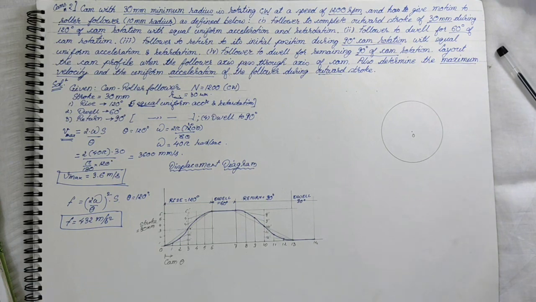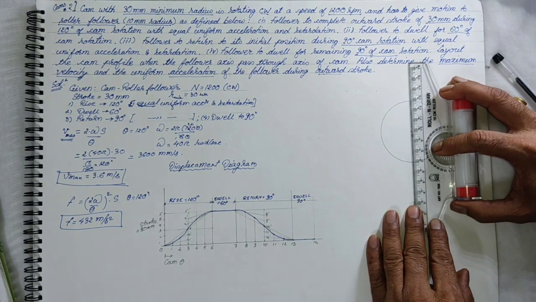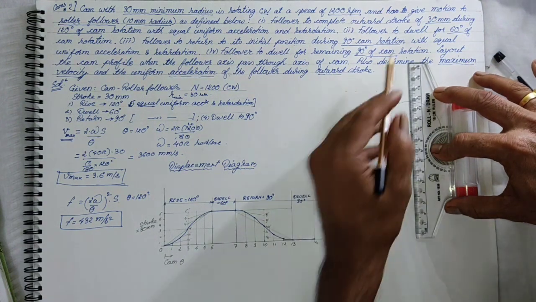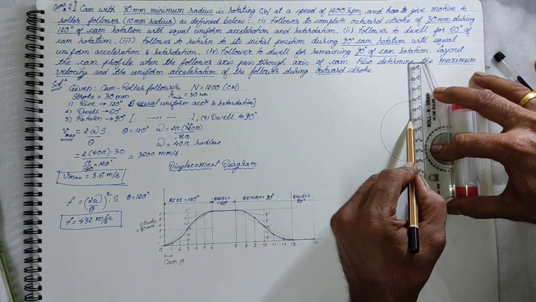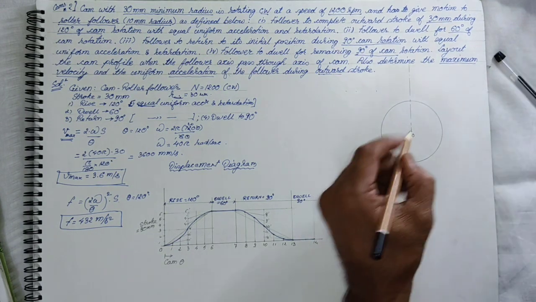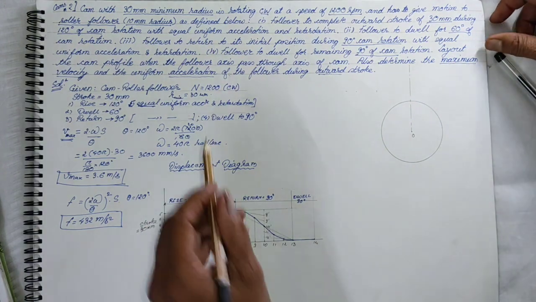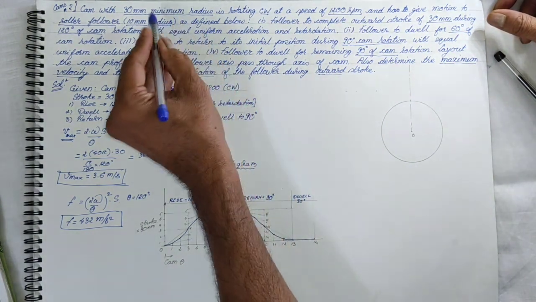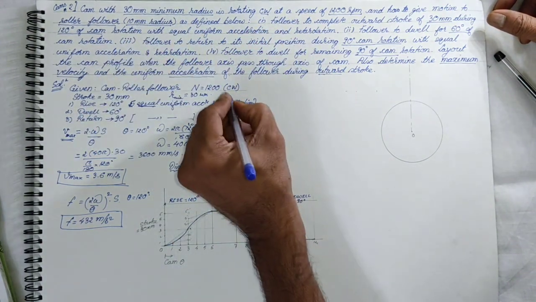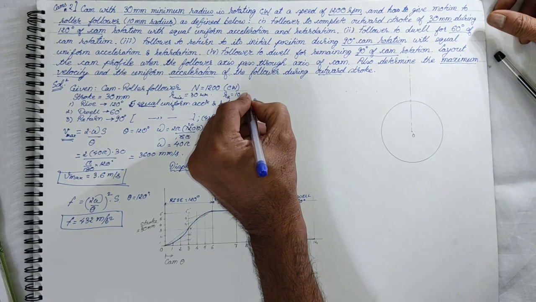Then I choose the vertical as the line of action of the follower. Now this time the follower is a roller follower, and the radius of the roller is given as 10 mm.